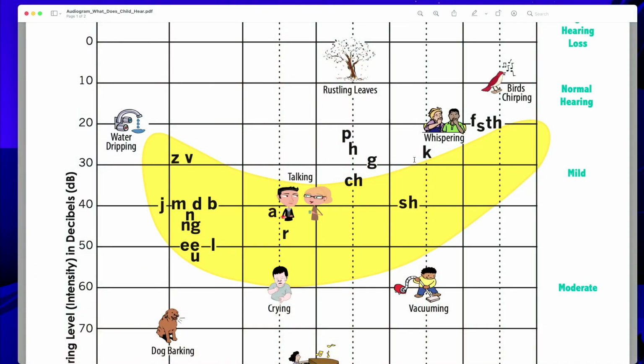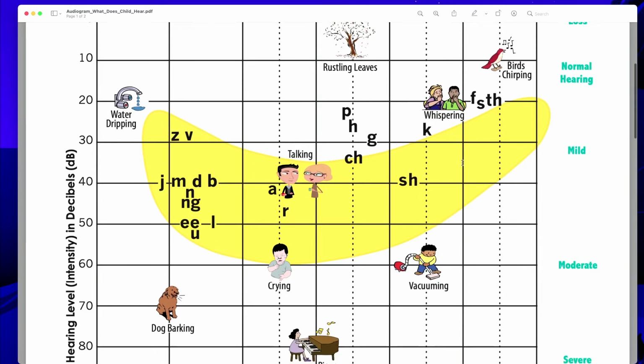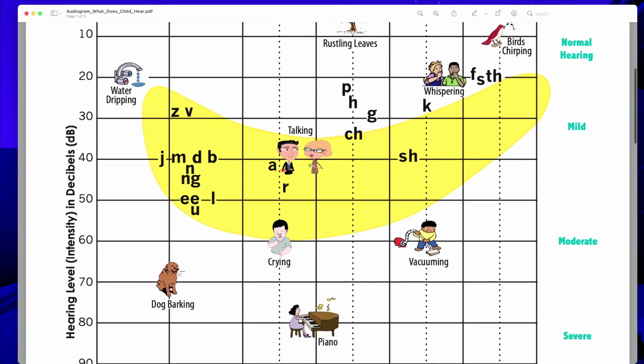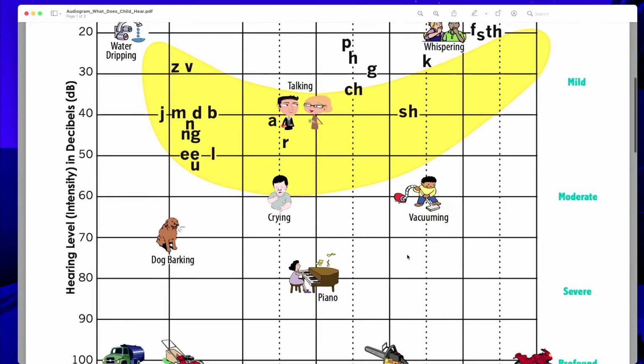So as we look again further on this, we see the left to right is the frequency, the pitch, but then we have amplitude, which is the up and down. So we see whispering is up here, that's very soft. Vacuuming is way over here. This is getting louder.